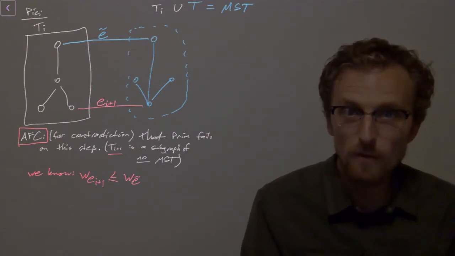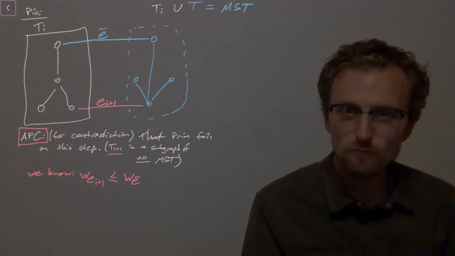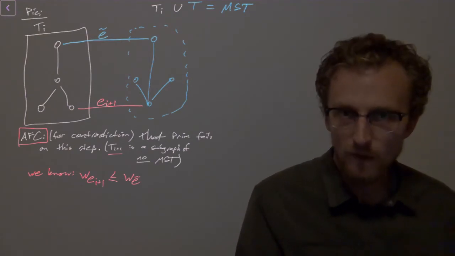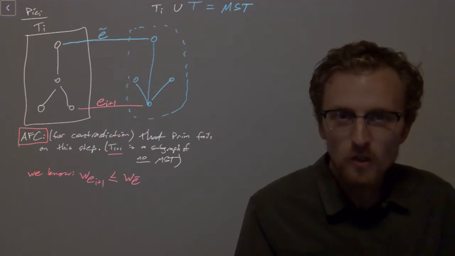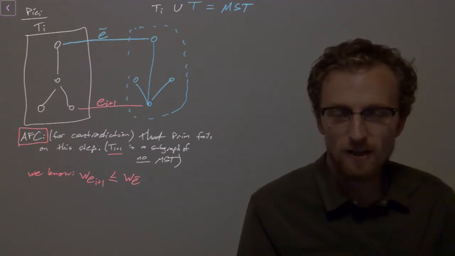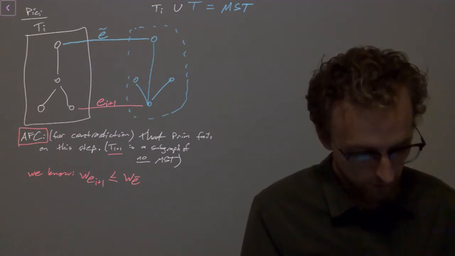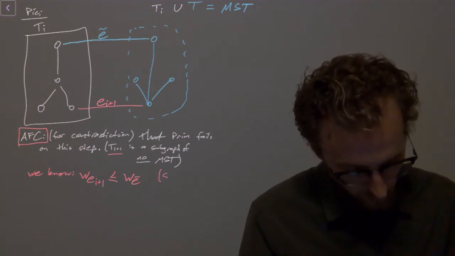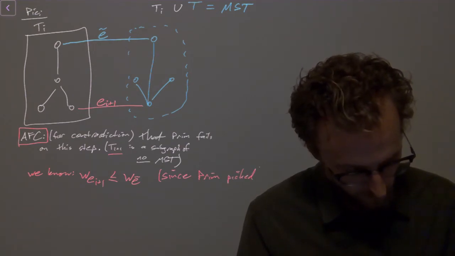Okay? Because Prim chose it. We're assuming Prim did something wrong, but Prim's operation is that it picks the lowest weight edge connected to the tree. Okay, so why do we know this? We know this since Prim selected it. Okay, Prim picked it.